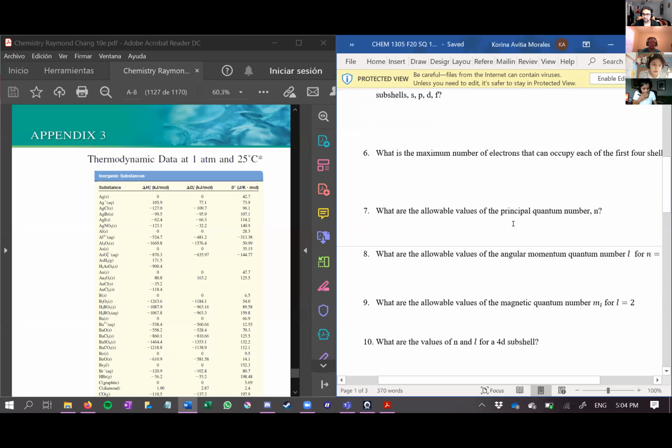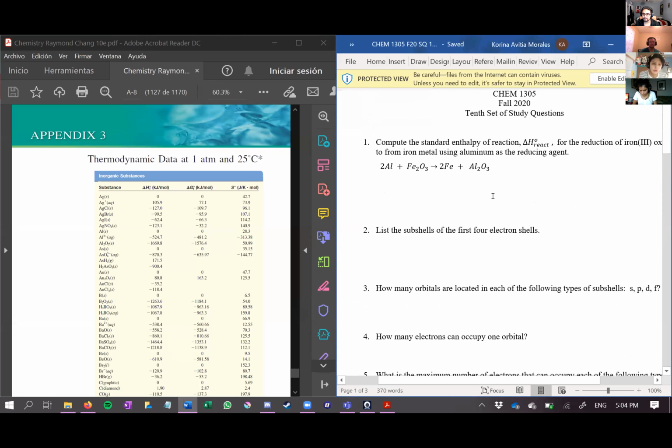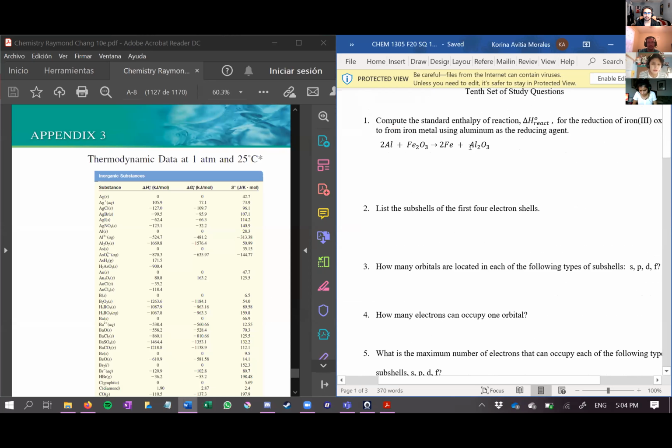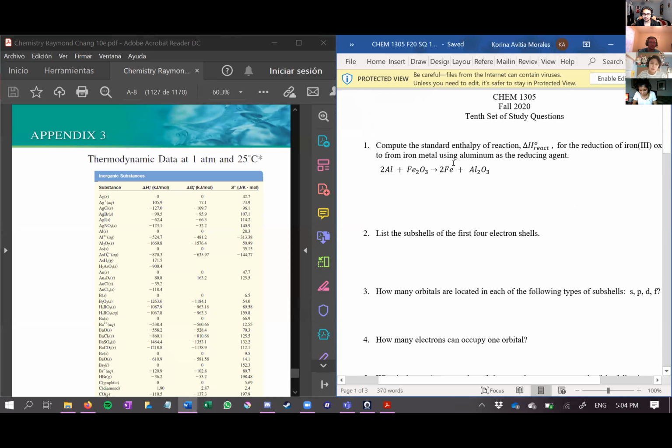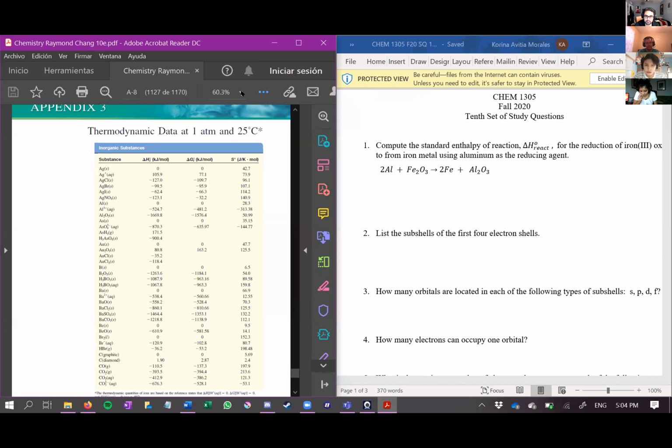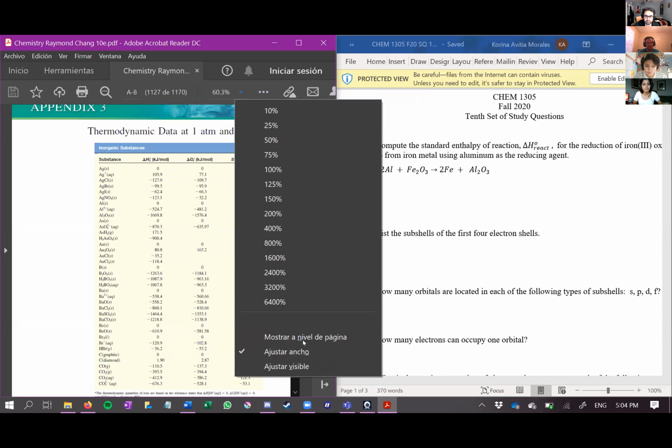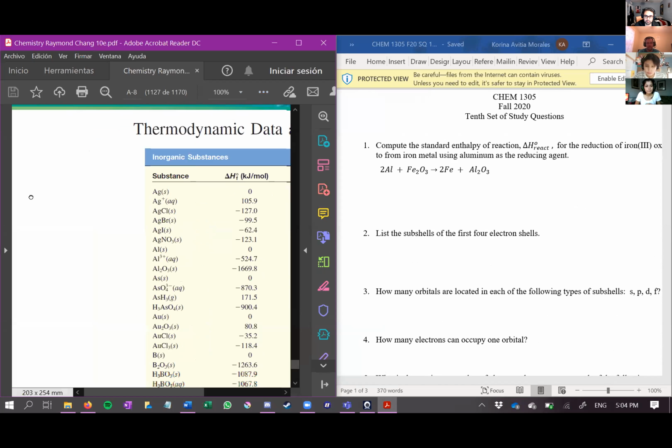From this one, right? This question? Yeah, it's question set 10, question 1. Oh, we're going to do this one first? Because we're looking for the standard enthalpy of formation. Okay, so for aluminum, we can just look at our handy dandy textbook.